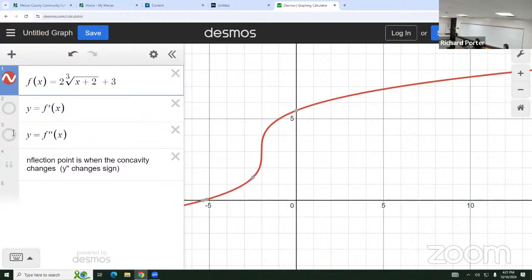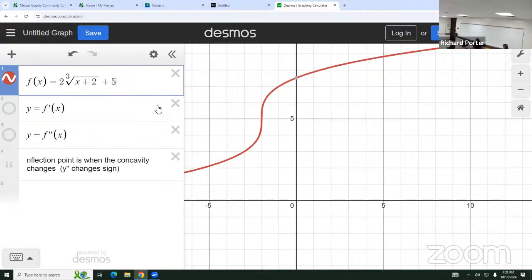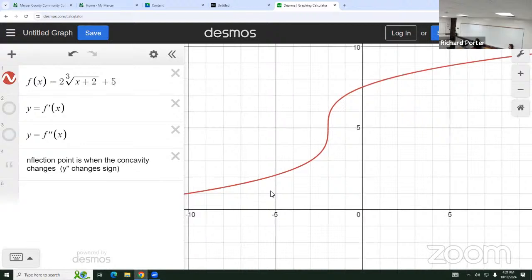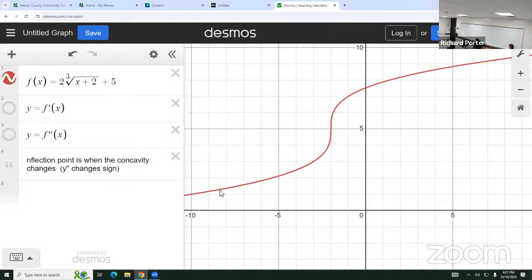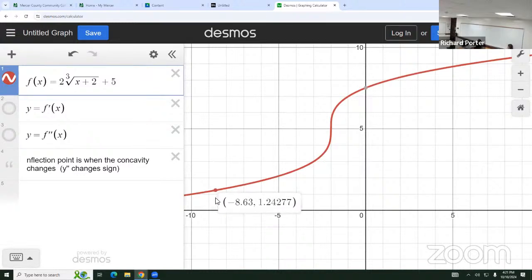But let me show you why that's an important point. If this represented, let's say, COVID, and by the way, it's not unrealistic for this to represent COVID. Let's say before they found the vaccine, the COVID cases were increasing slowly at first because they were in China, there was a handful of people, nobody got it. Then it started to grow really fast.